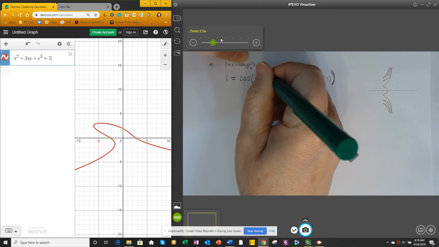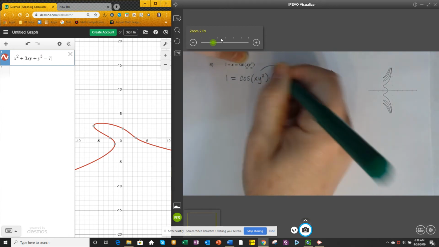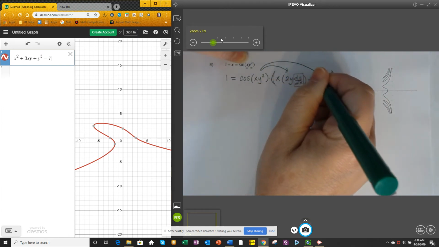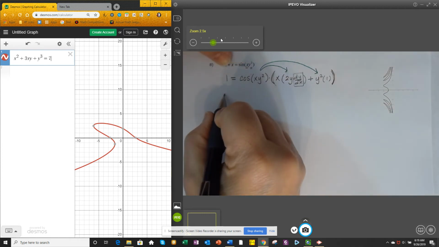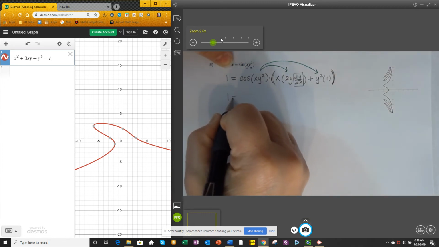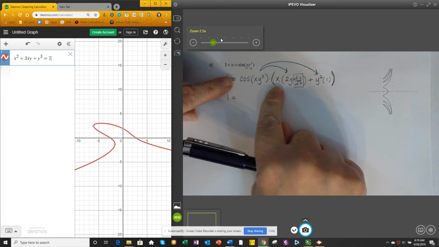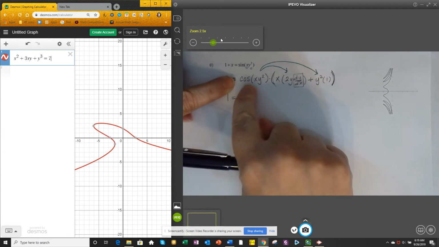So the way to do this is to distribute this term to these two, which is looking a little scary or uncomfortable mathematically, but it's not difficult to do. So let's do that. So we're going to go 1 equals, well, I'm going to take all of this and put it in front of the cosine.